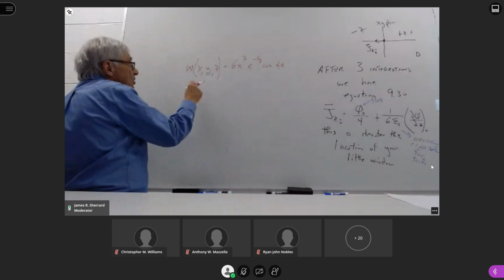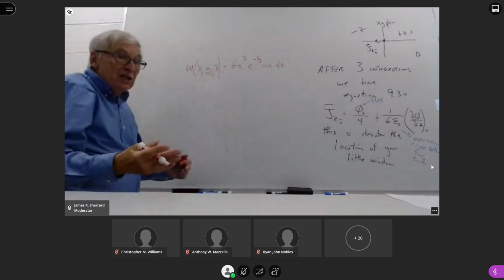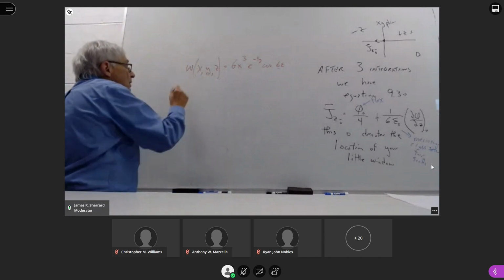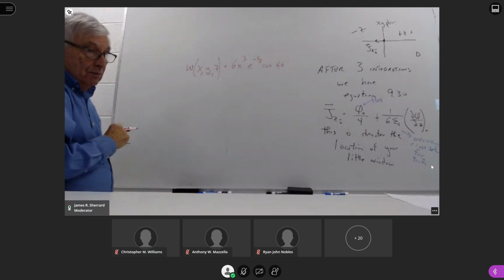So w is a function of x, y, and z. X, y, and z are the independent variables. W is the resulting dependent variable.